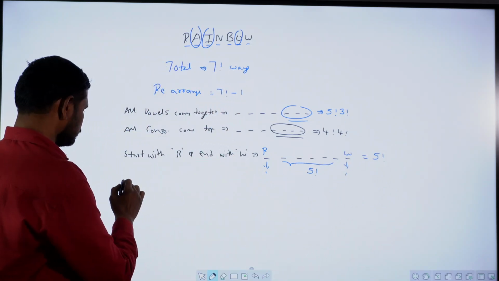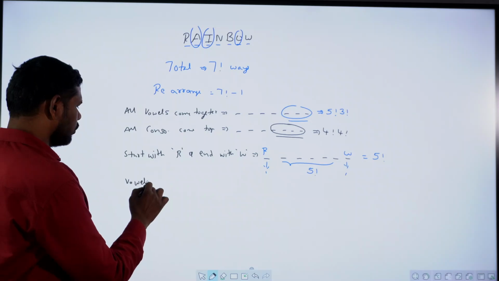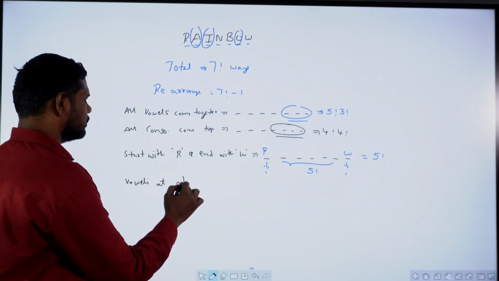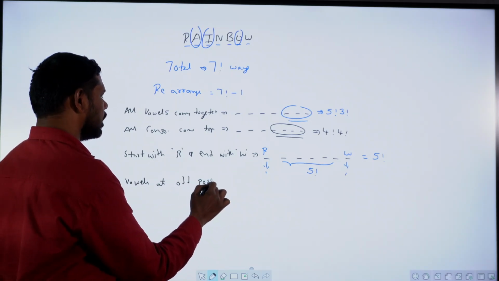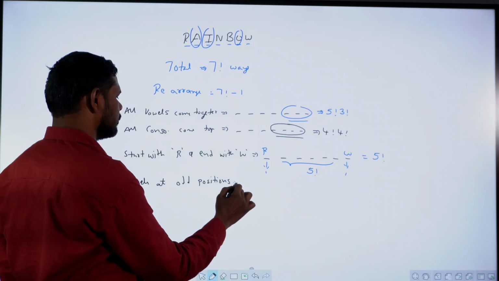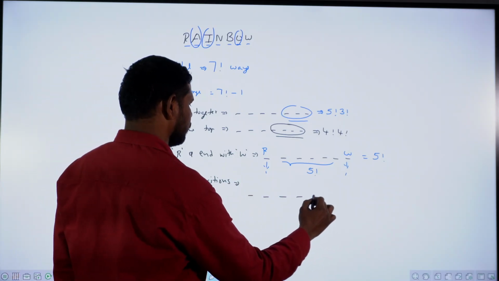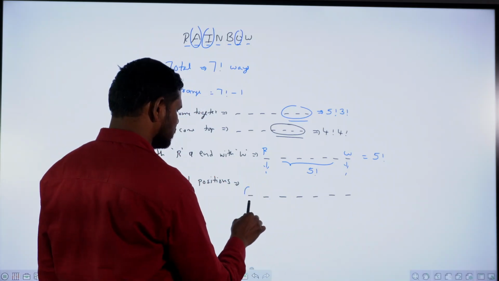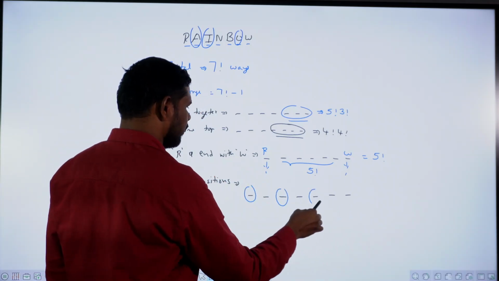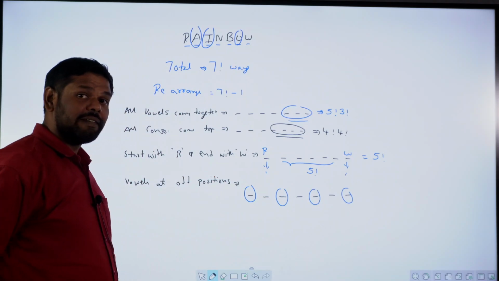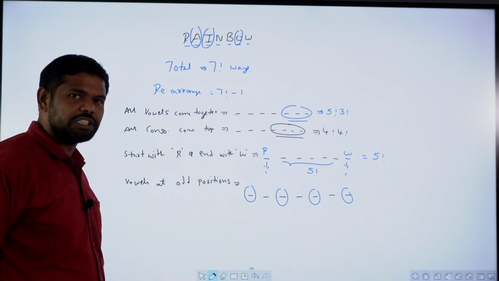And vowels at odd positions. Right, vowels at odd positions. 1, 2, 3, 4, 5, 6, 7. Odd positions means 1, 3, 5, 7. In those 7 positions, 4 positions are odd.